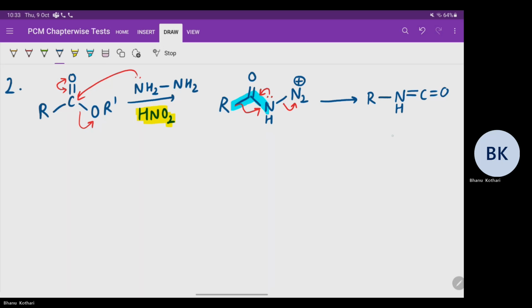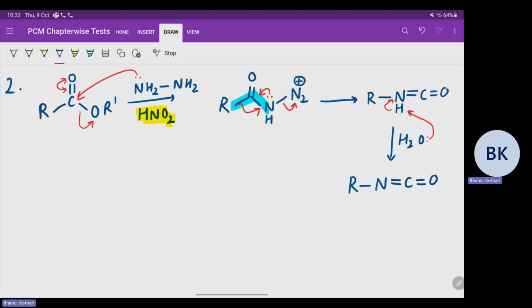Okay. There is a solvent present in the solution, which is water. So water will abstract this H plus ion, and we get a lone pair on nitrogen. Okay. So the product will be RN double bond C double bond O.